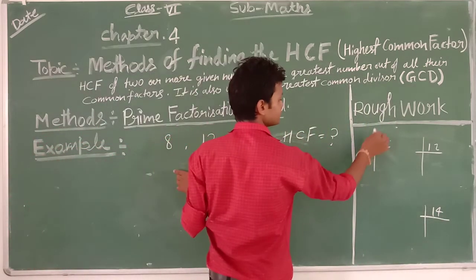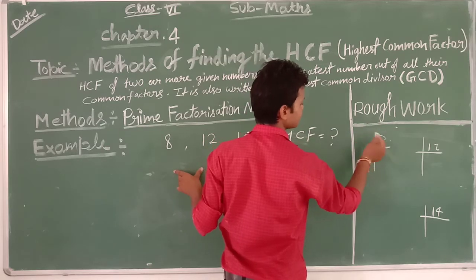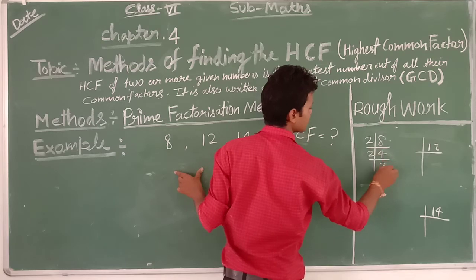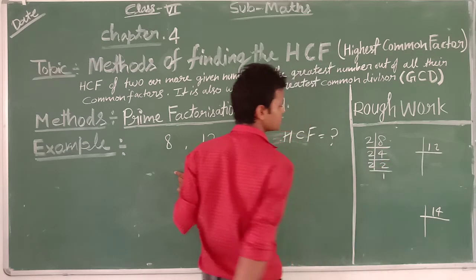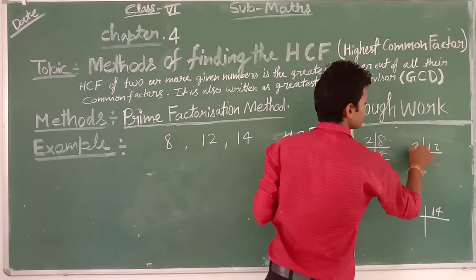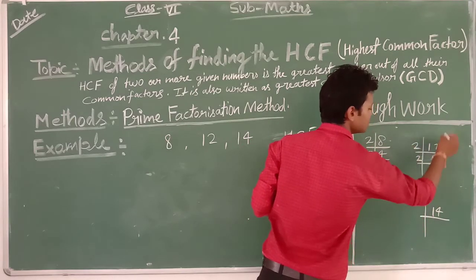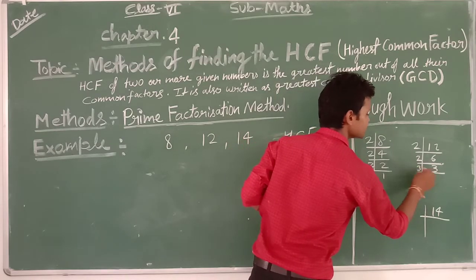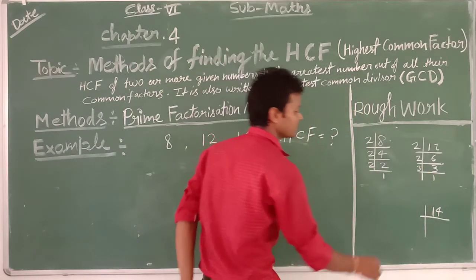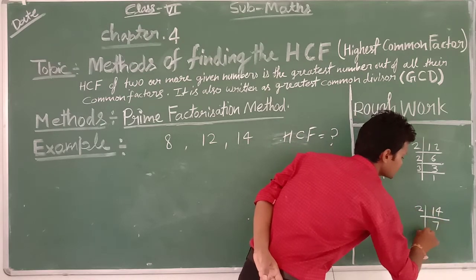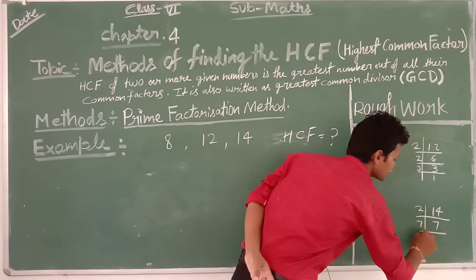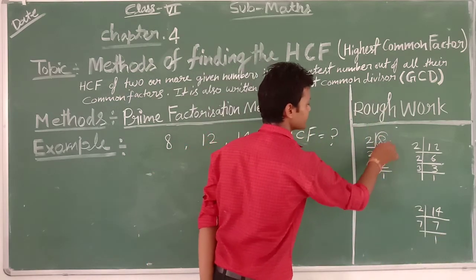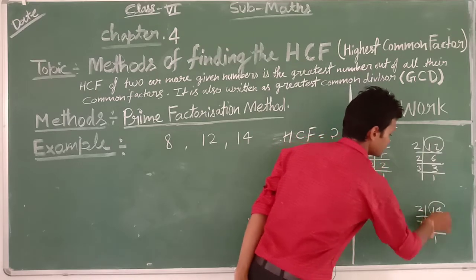Okay, first you find the factors. 2 fours are 8, 2 twos are 4 and 2 ones are 2. Stop here. 2 sixes are 12, 2 threes are 6 and 3 is also a prime number. 3 ones are 3. You can stop here. And 2 sevens are 14 and 7 is also a prime number, divisible by itself. 7 ones are 7. Look here, 8, 12, 14.